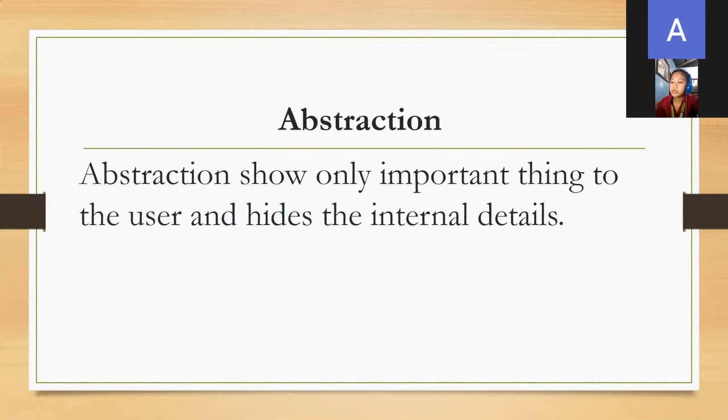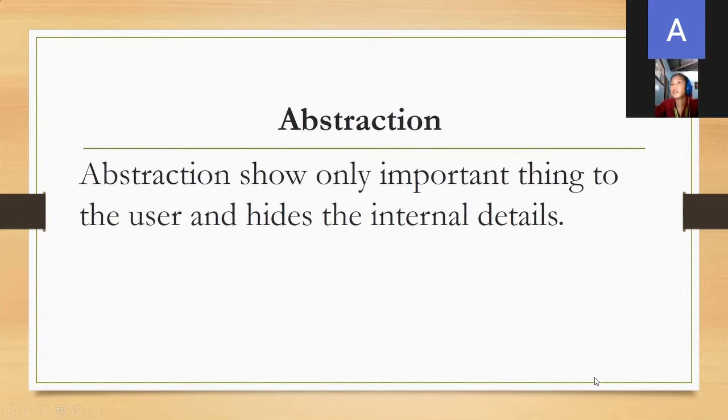So in short, abstraction is showing only important things to the user. It means the details of the data are not important.